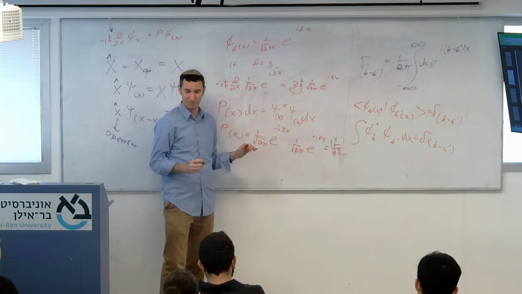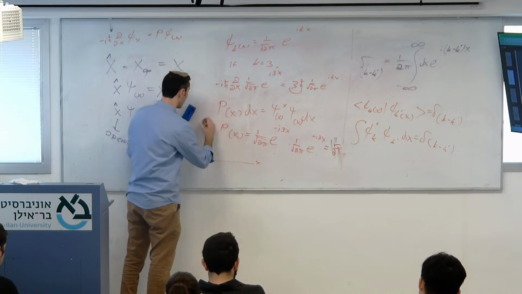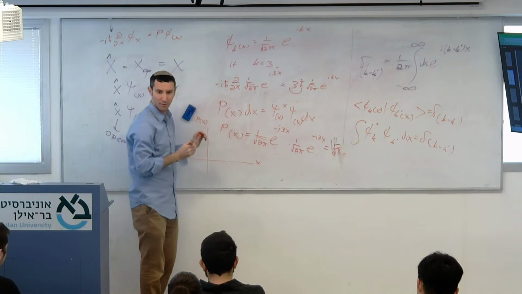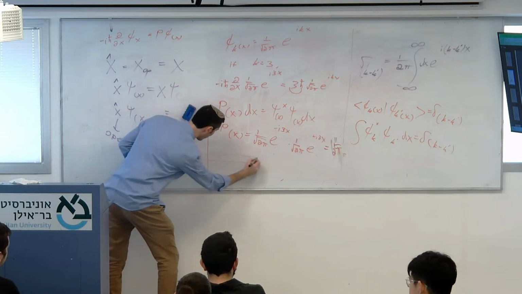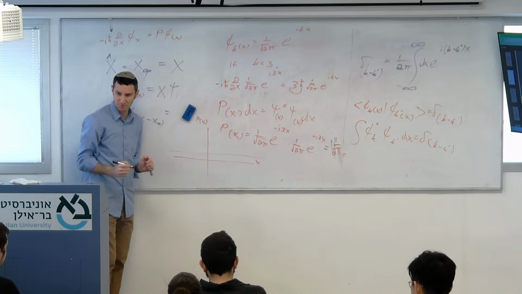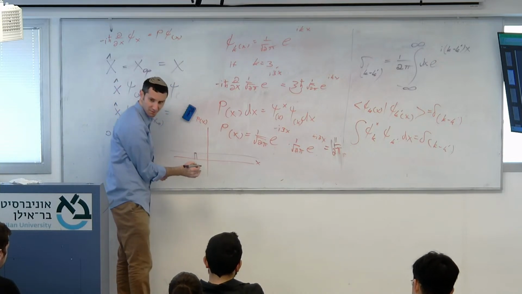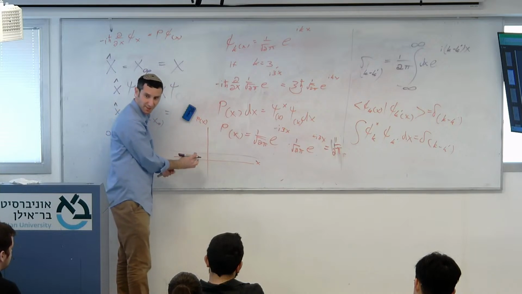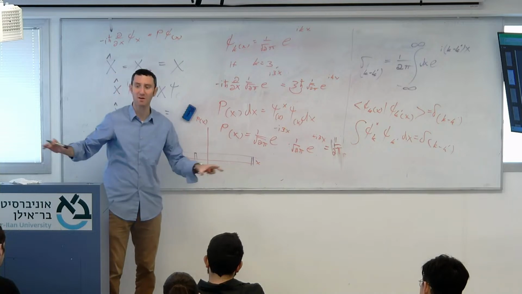So if you ask now, as a function of x, where will I be? Well, this is the height of my function, and my chances of being here are this, p of x dx. My chances of being anywhere are the same, meaning I am everywhere.